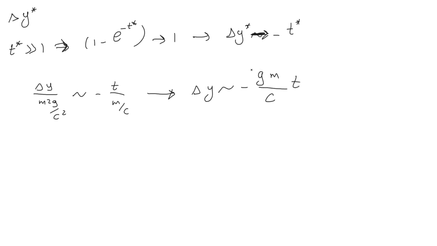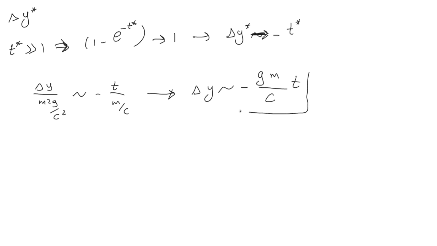So it means that what we implied here is that the effect of the air resistance is significant or considerable when t star is in order of 1, right?